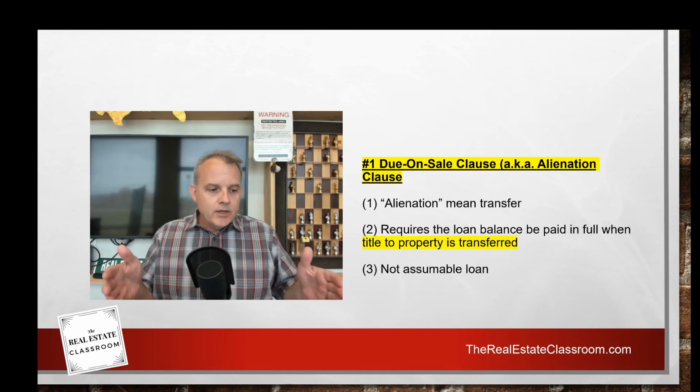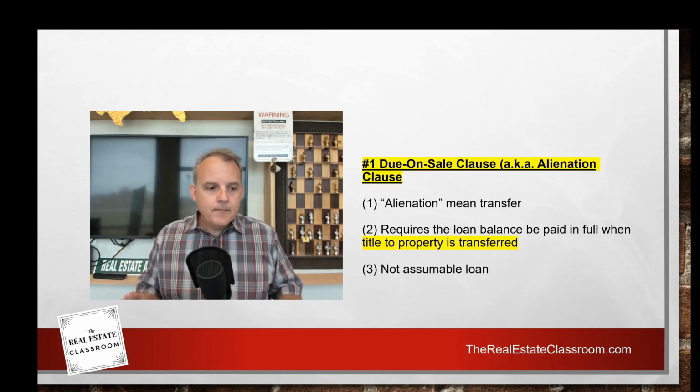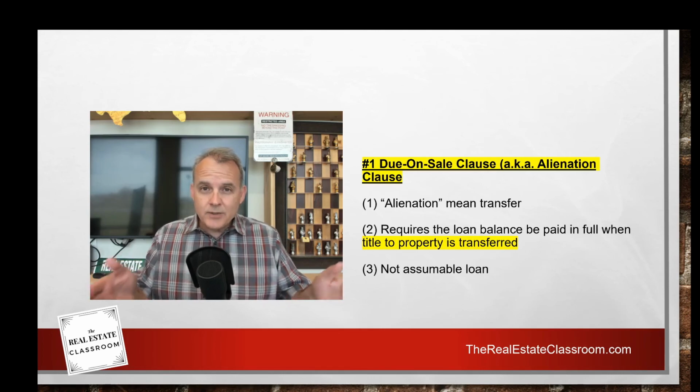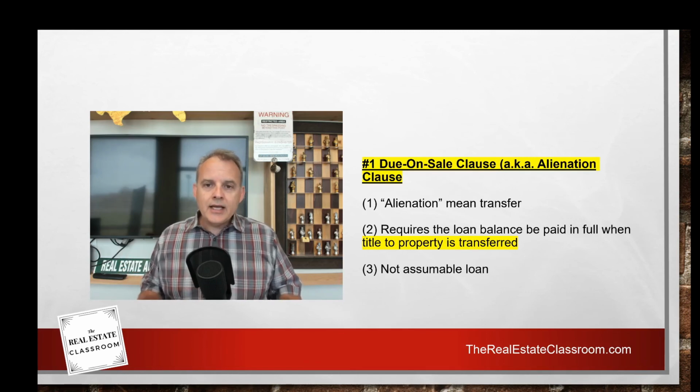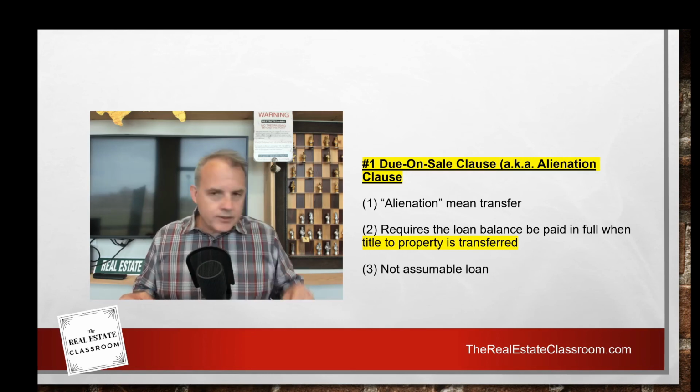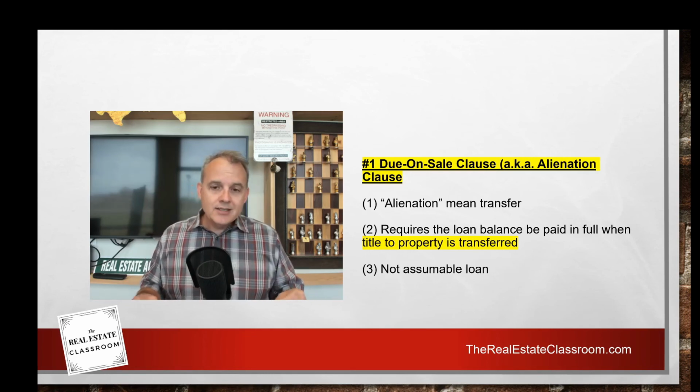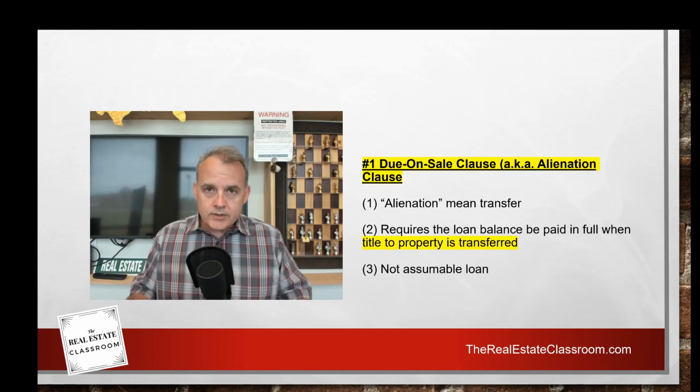And so there is a loan against the property and the seller is in distress or whatever the case may be, and they transfer title over to somebody else, but they don't pay the loan off. So transfer of title has occurred, and in that case, what will happen is the bank has the right, under the due on sale clause, to then go to that borrower and say, well, you owe us this amount of money and it's due now.